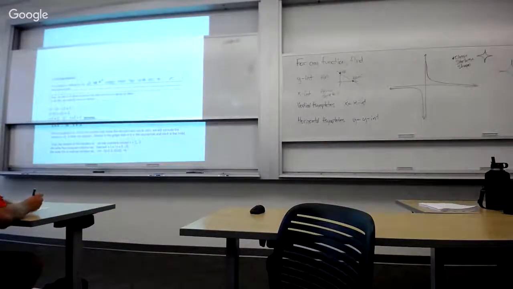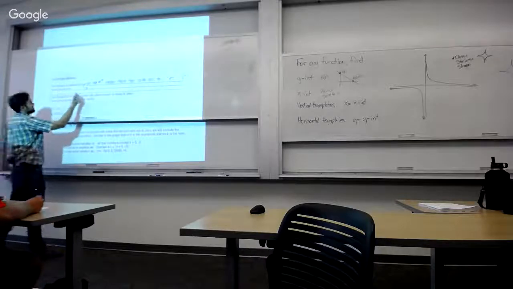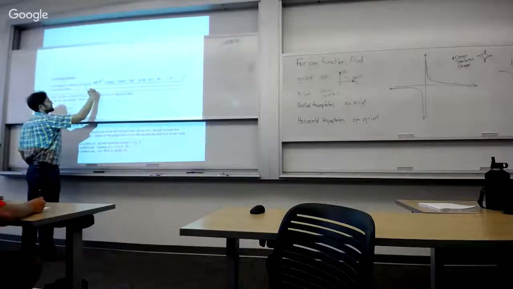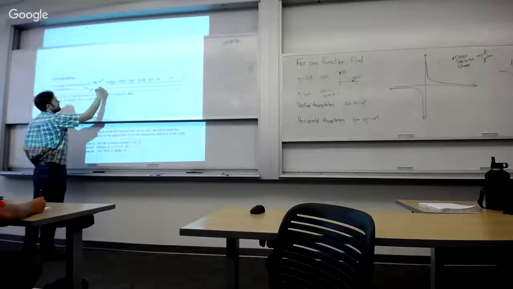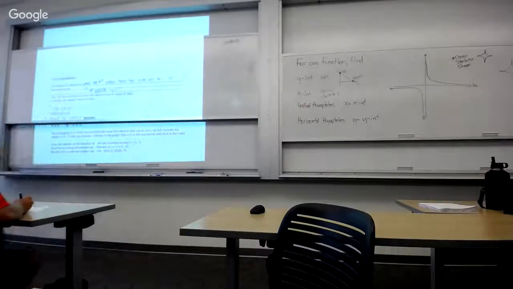Oh, that's what I meant to put on this second line. The first line I was going to say, the domain is defined to be all possible inputs, right? That's the original definition of domain. So I have these two switched. Sorry. The domain is always all possible inputs. And what are you not allowed to input? An input that would cause you to divide by 0 or square root a negative.